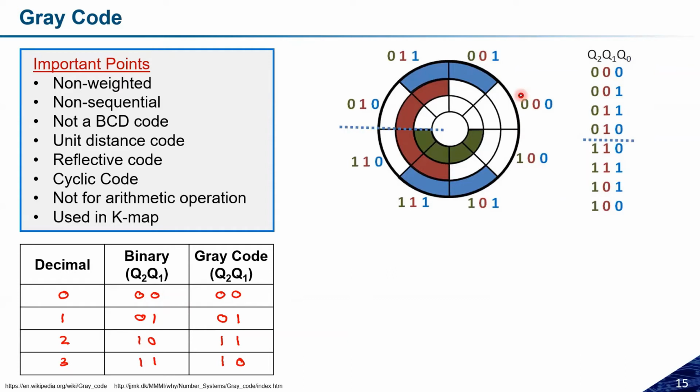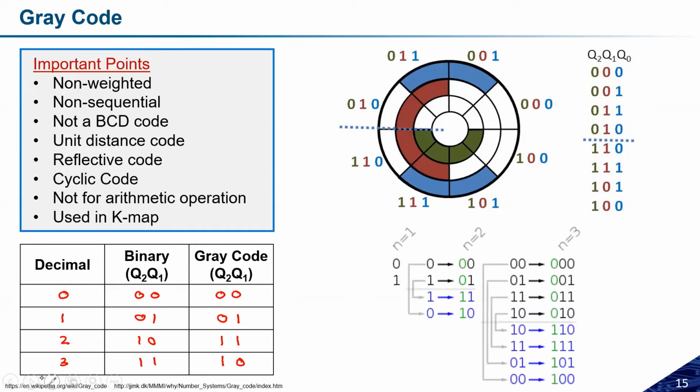Now, how can we call it the reflective code? To justify this, let us see here. If n is 1, then I have 2 digits, 0 and 1. I write 0 and 1 as it is, and then I reflect it, and that becomes 1 and 0.